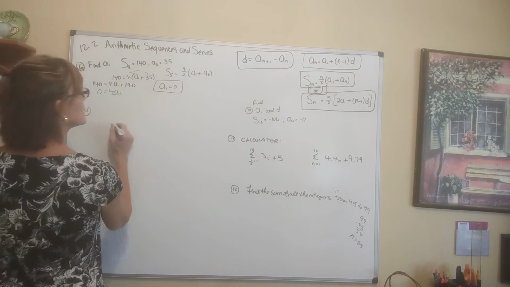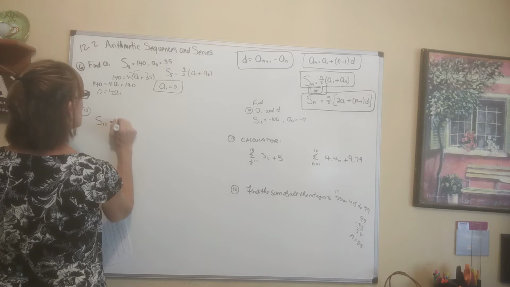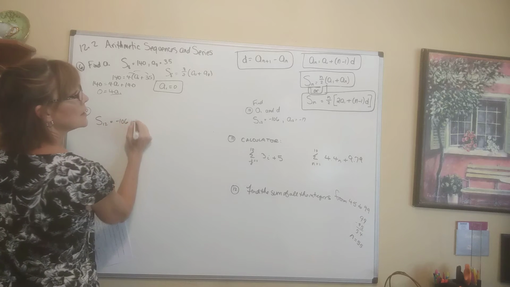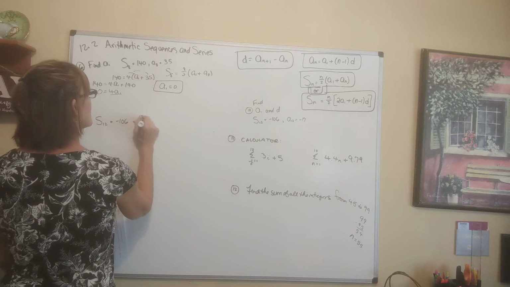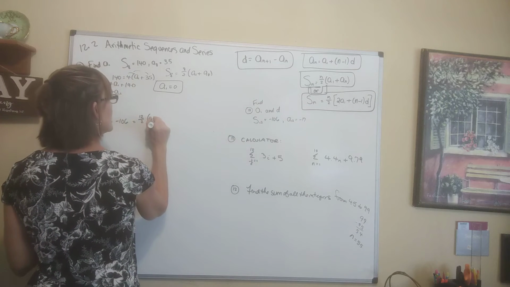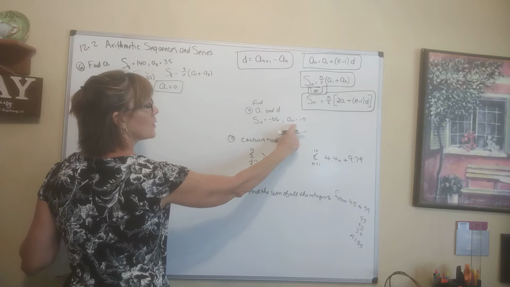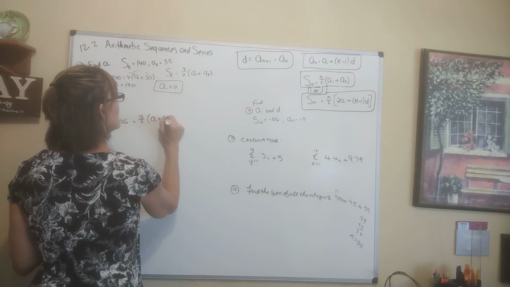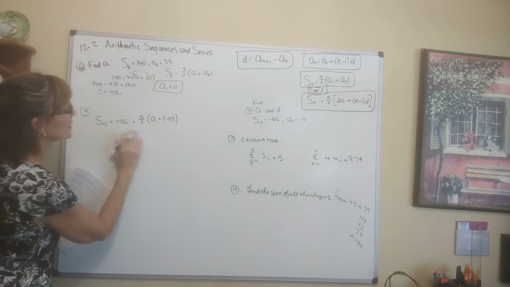I'm going to use the fact that S sub 12, which is equal to negative 106, is equal to N over 2, or 12 over 2, times A sub 1, which I do not know, I'm trying to figure that out, plus A sub 12, which I do know, plus negative 17.